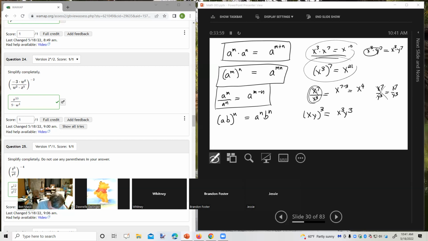If I have x squared y to the fourth all to the seventh power, that's x squared to the seventh power, y to the fourth to the seventh power. But then I go back up and see this rule again, and that's going to be x to the 14th, y to the 28th. So I actually used two rules in that particular situation. We okay with that?